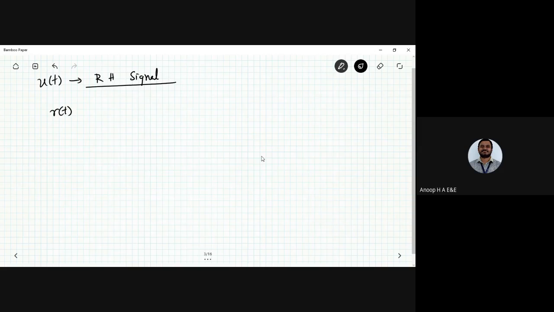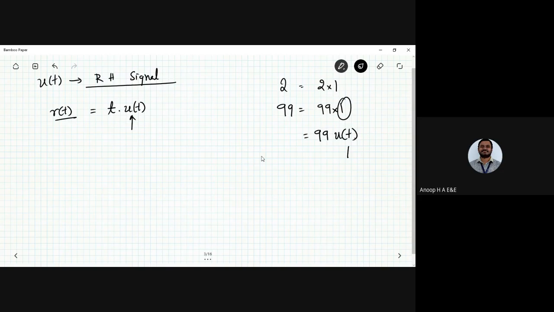So how do I write this r(t) signal in terms of u(t)? As I already told you, it would be t into u(t). Since the magnitude of u(t) is equal to 1, it is just like writing 2 as 2 into 1. Writing any number, 99, is equal to 99 into 1, where 1 can be represented as u(t). So 99 times u(t), where t is greater than or equal to 0.